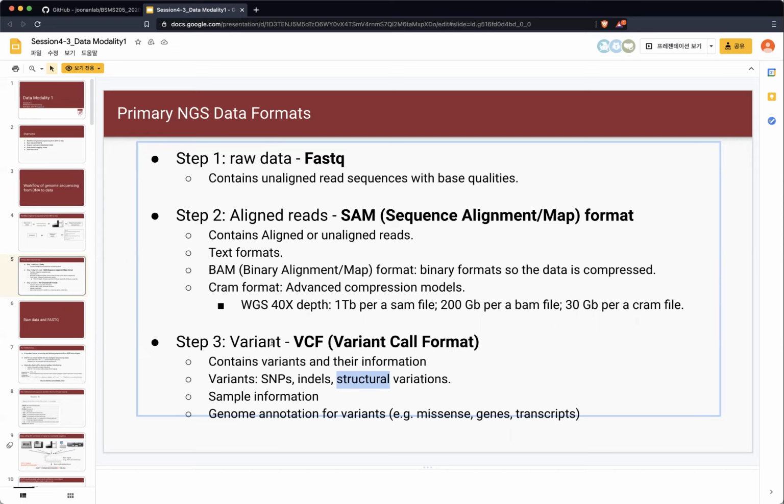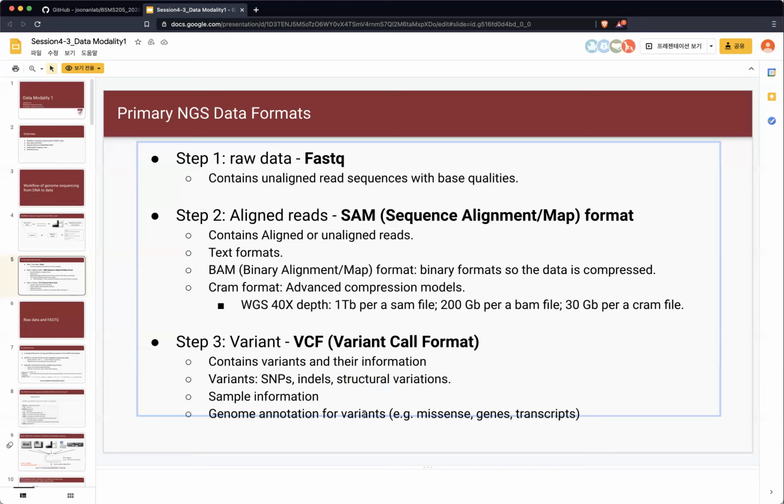And variants are also related to consequences, right? All of these variant consequences are also written in this VCF file. So we put the genome annotation on variants. If you find one variant, it tells whether this variant is missense, or which gene or which transcript.